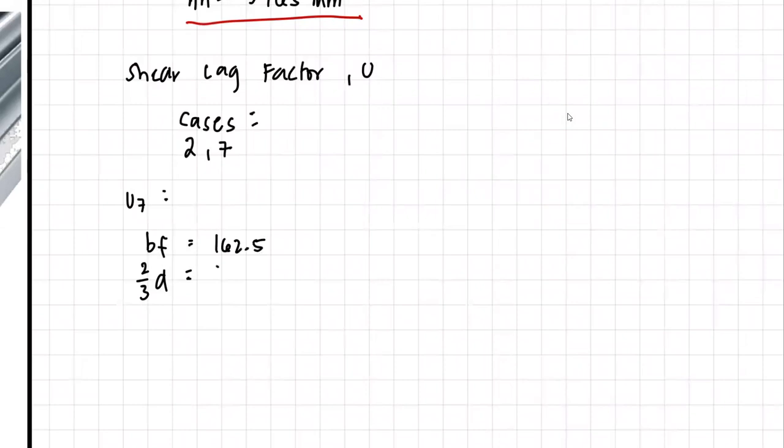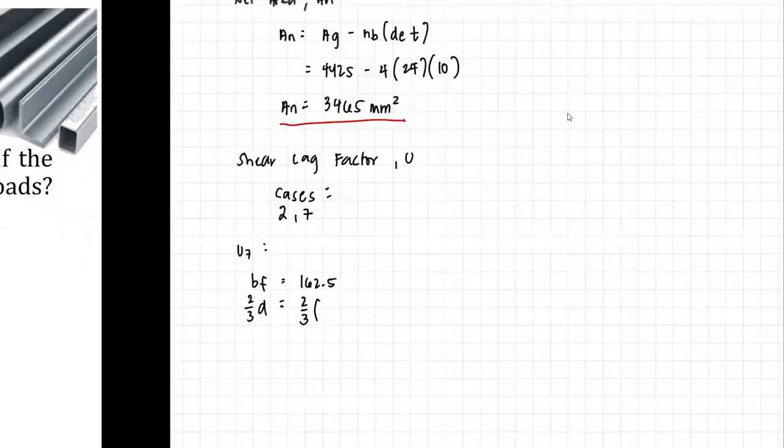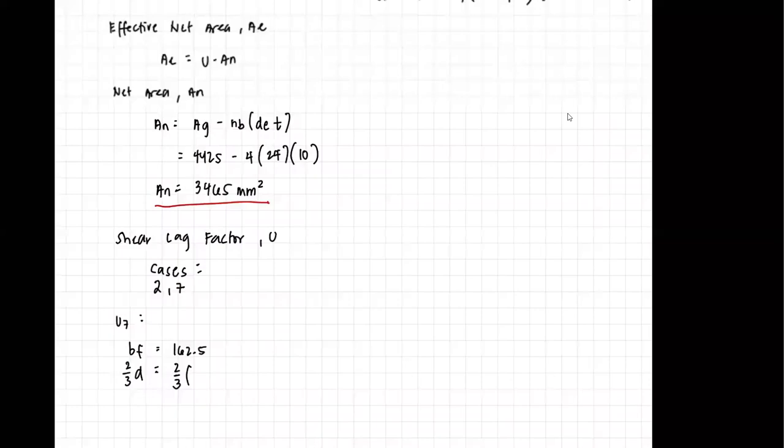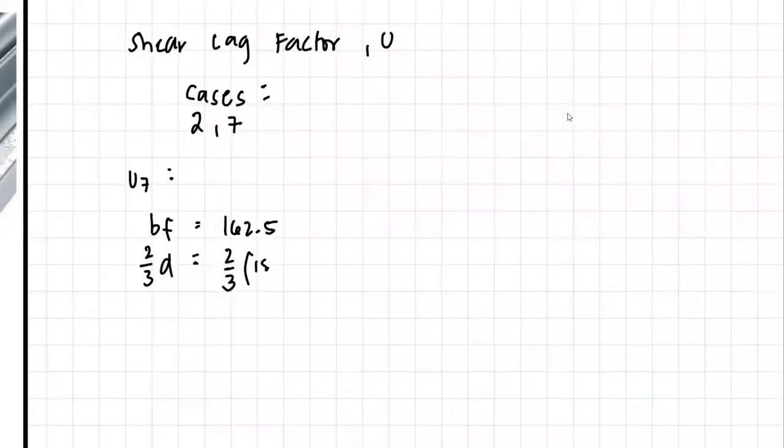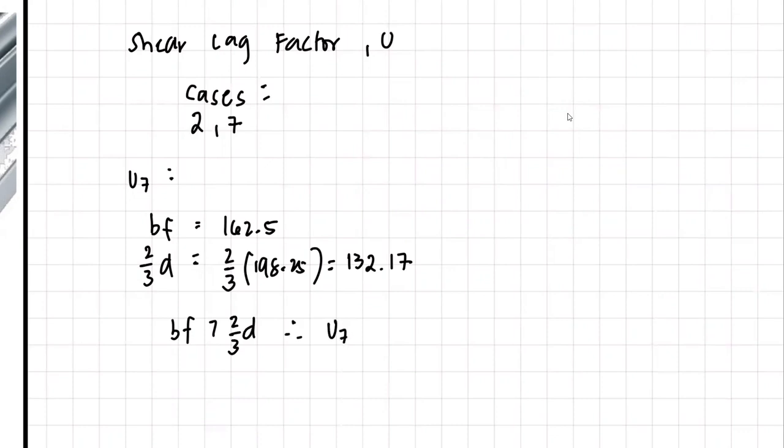Two-thirds of 198.25 is 132.17. Comparing these two values, BF is greater than two-thirds of D. Therefore, U for case 7 is 0.9.